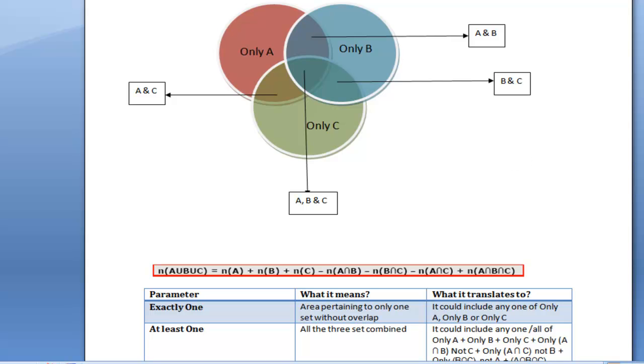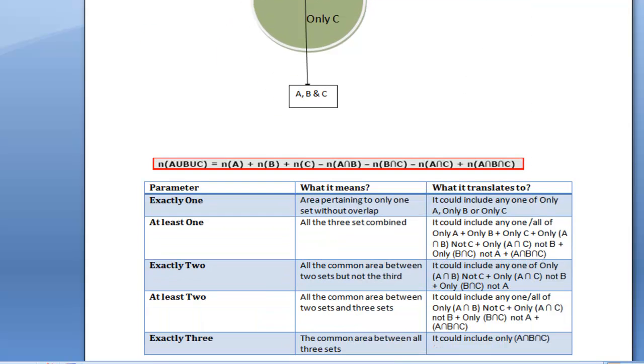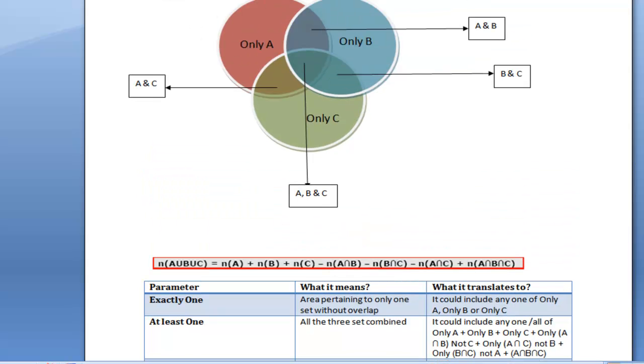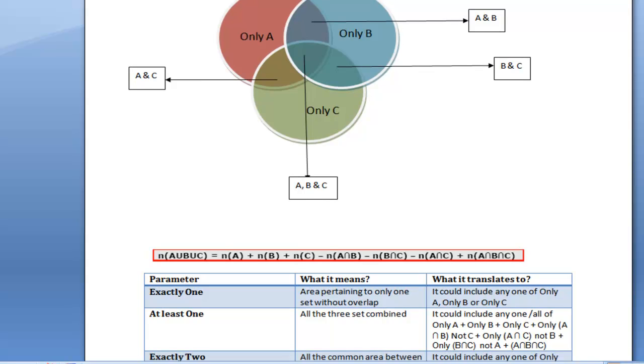Now let's define a formula which forms the fundamental of every single problem with respect to set theory for three sets. I have defined A union B union C, which means those people who are taking any one of the tests: maths, physics or chemistry.